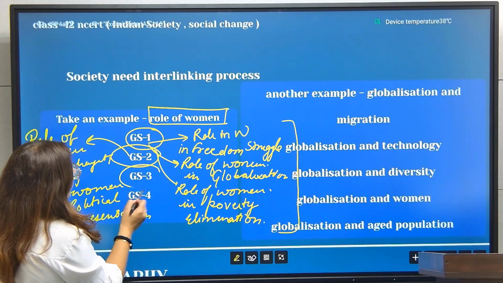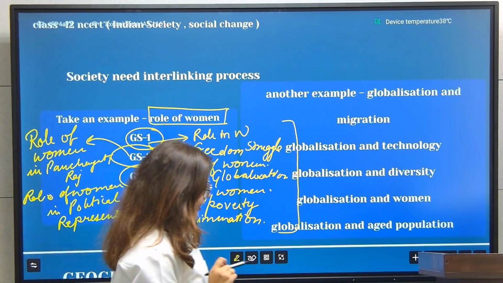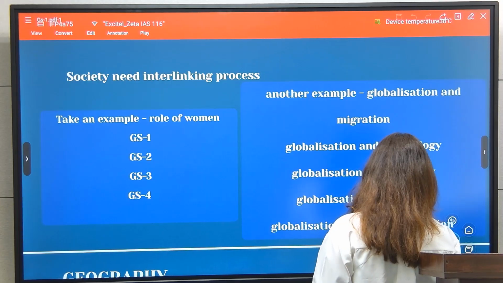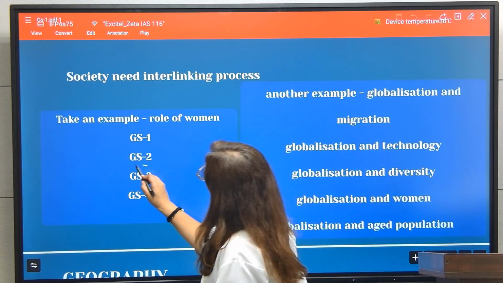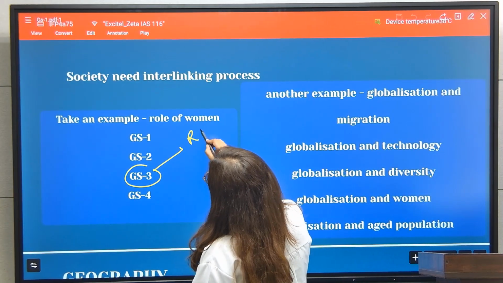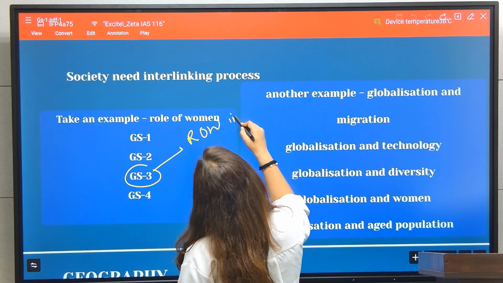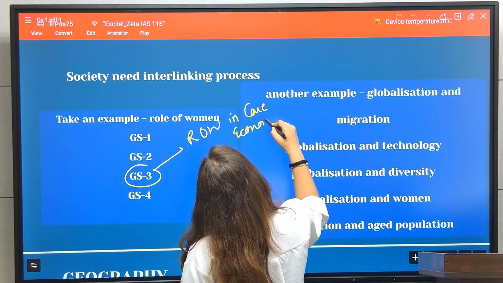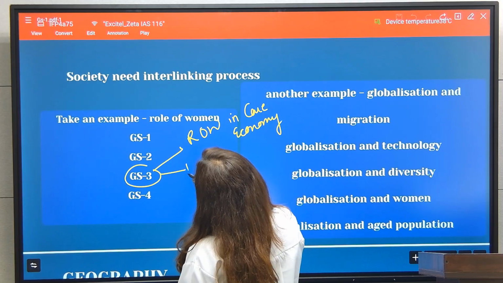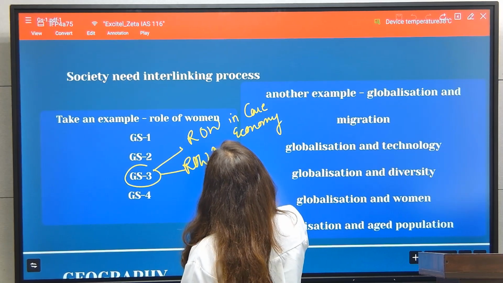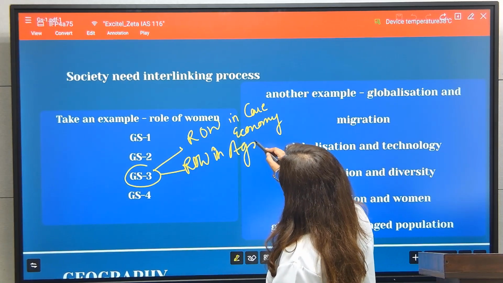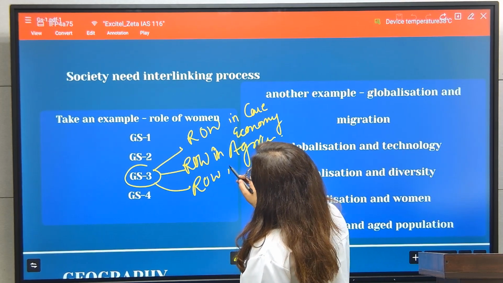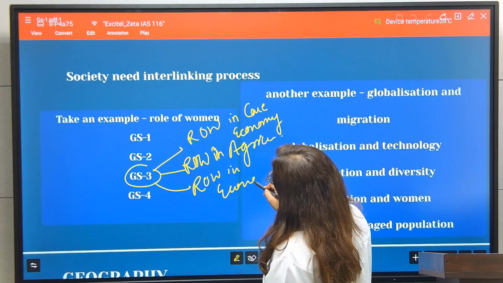If role of women is asked in the GS3 subject, so role of women in care economy. Role of women in agriculture. Role of women in economic development.